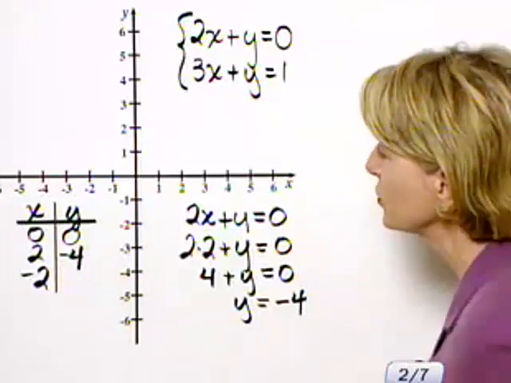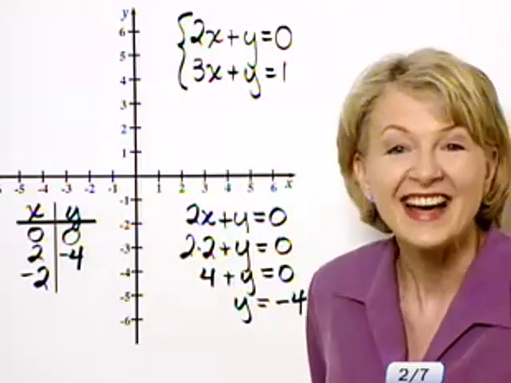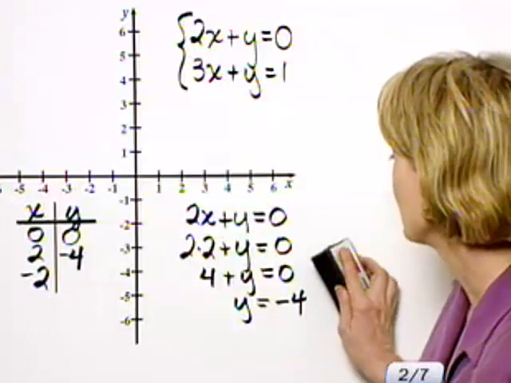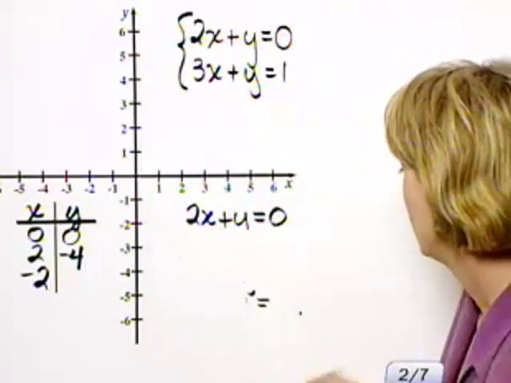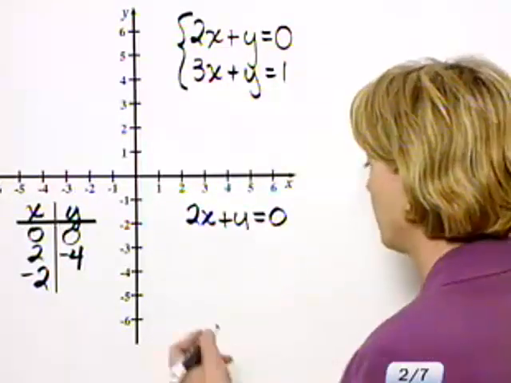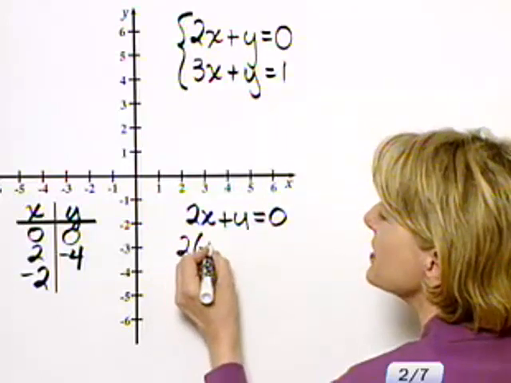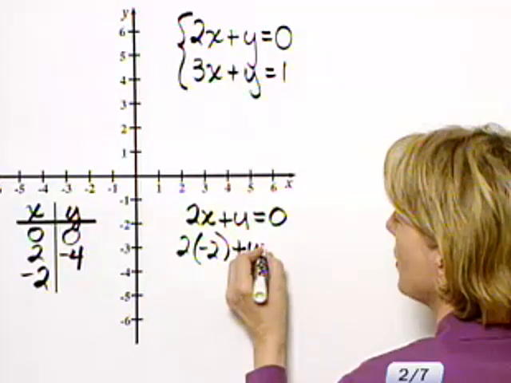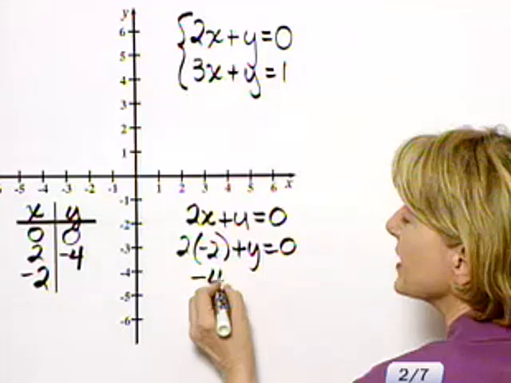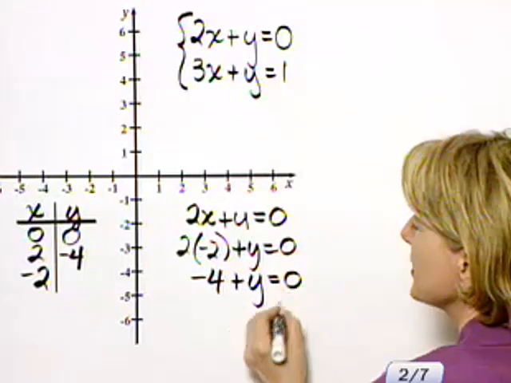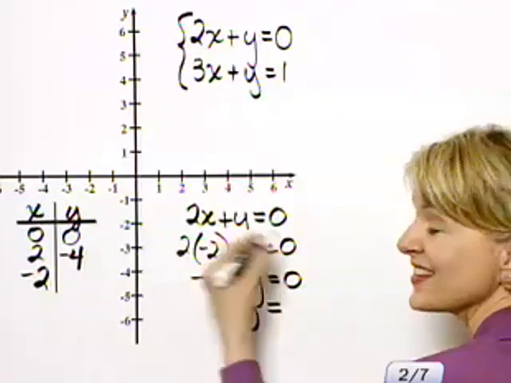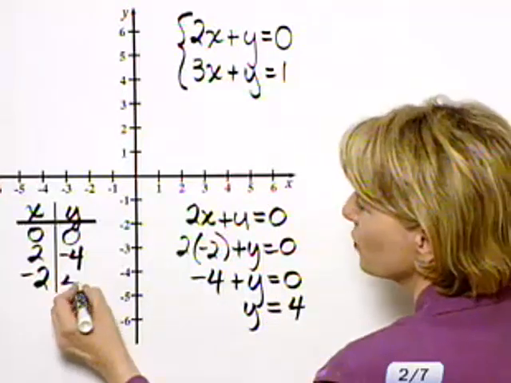So when x is 2, y is negative 4, and now let's let x be negative 2. If x is negative 2, we'll have 2 times negative 2 plus y is 0. That's negative 4 plus y is 0, or y is positive 4.